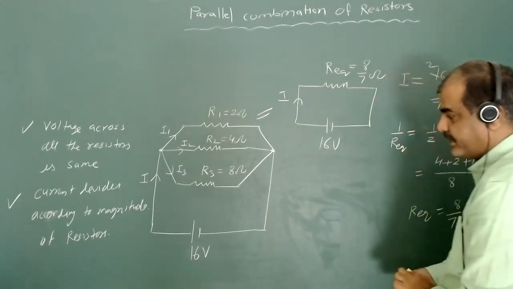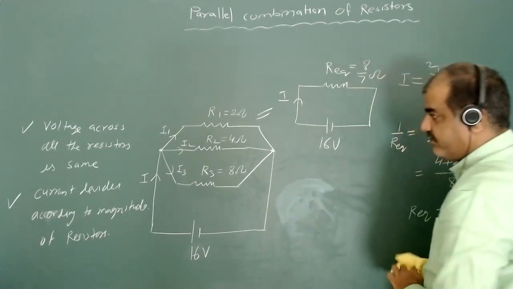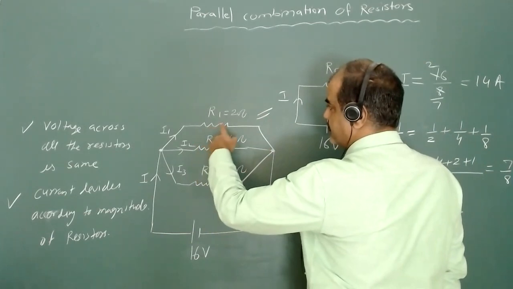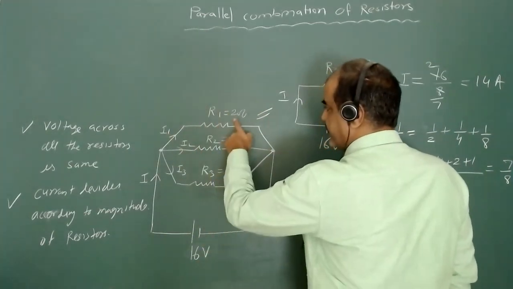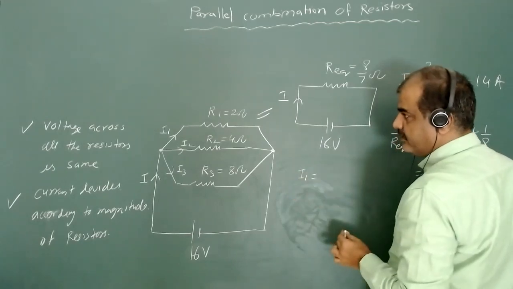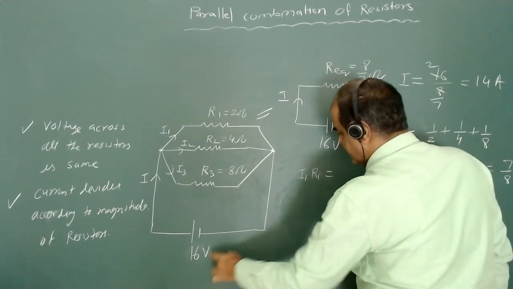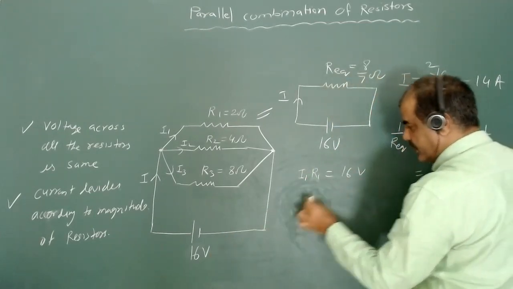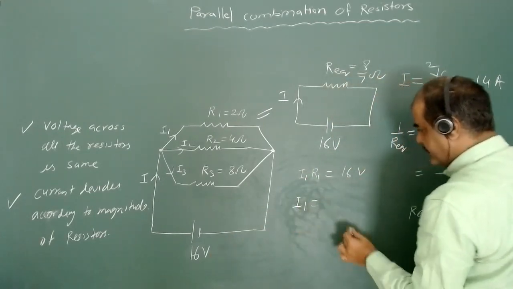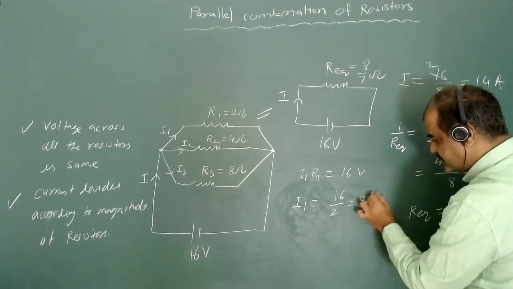We know the voltage drop across R1 is 16 volt and the resistance is 2 ohm. So I1 times R1 is equal to 16 volt, so I1 will be 16 upon 2, that is 8 amperes.